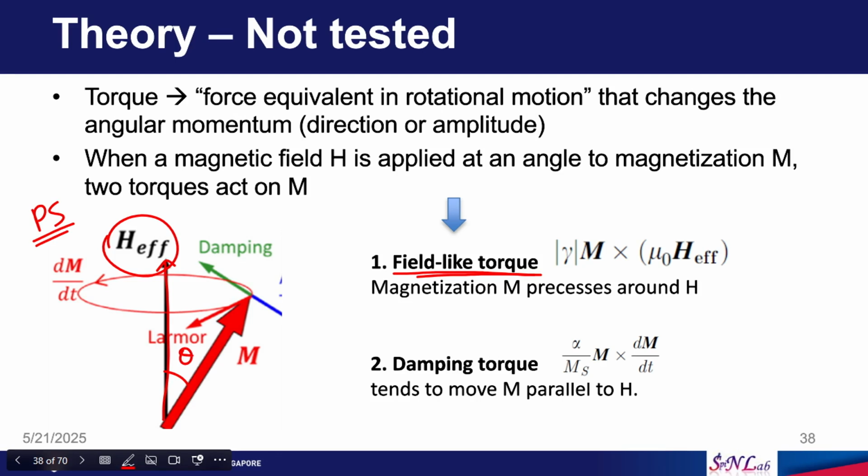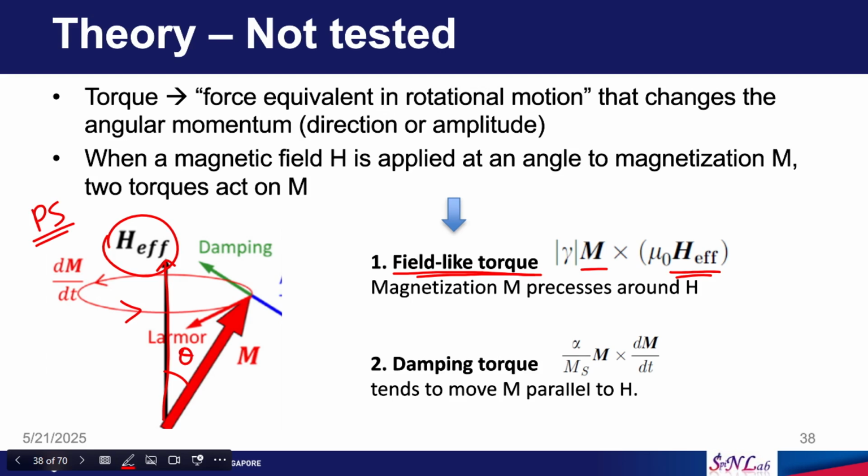If the magnetic field is like this and magnetization is like this, it will precess like this. Okay, so, the precession path is shown here. That term is called field-like torque, and it is given by this formula. It is in the direction perpendicular to both the magnetic field as well as the magnetization. That is one thing.